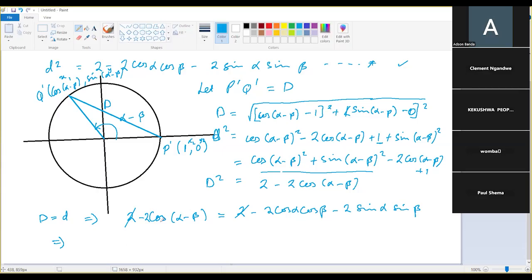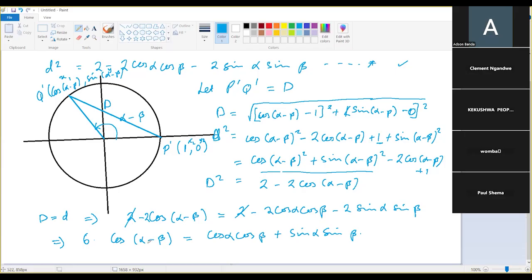So here, if we divide through by 2, what we are going to get is the following. And I want to call this identity number 6. So you get the cosine of alpha minus beta is equal to the cosine of alpha, the cosine of beta, plus the sine of alpha and the sine of beta.